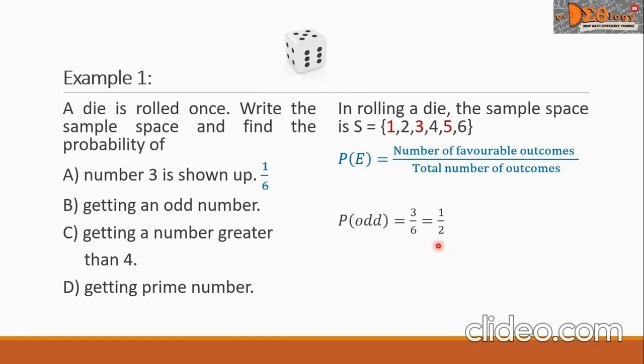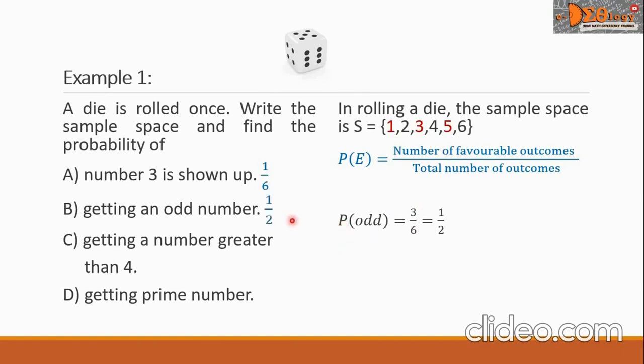Let us copy this answer opposite letter B. Then let us proceed to letter C. The probability of getting a number greater than 4. So we write here P of greater than 4.